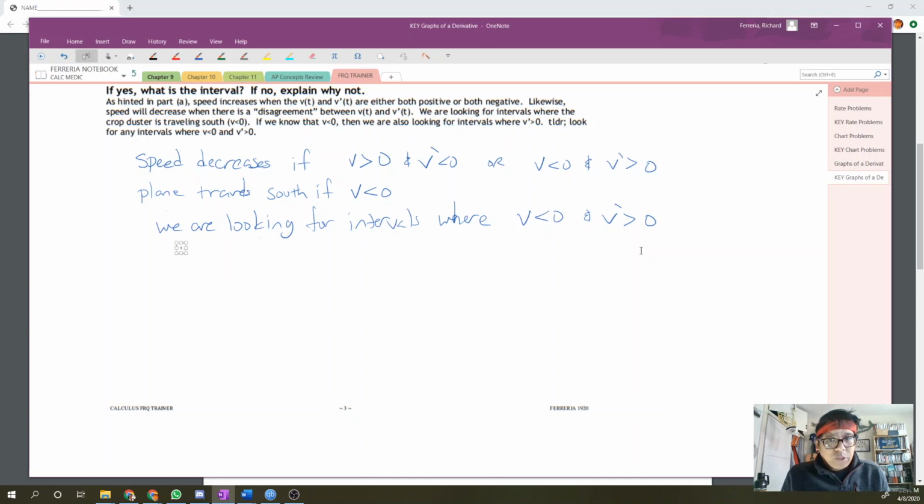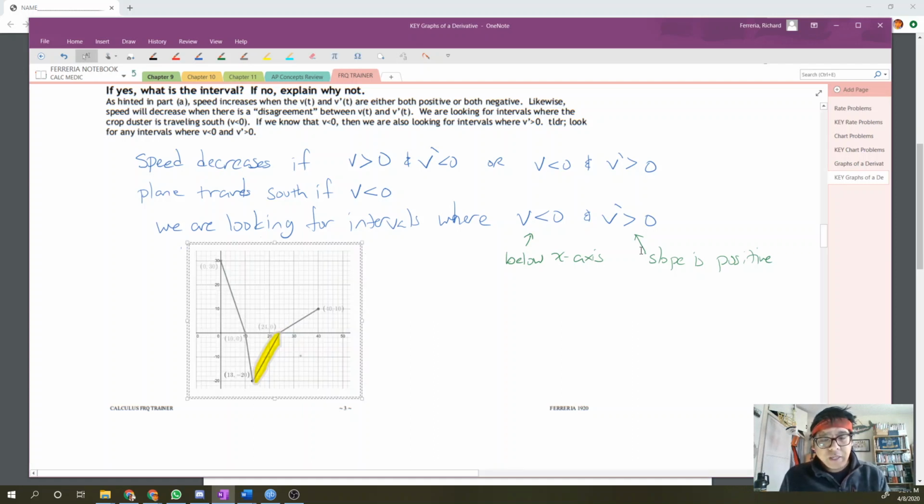Well, what do each of these mean for the graph? V being less than 0 means that we're looking for a bit of the graph that's below the x-axis, because below the x-axis, of course, velocity is negative. Velocity prime being positive means that the slope of whichever part of the graph we're looking at has to be positive. So is there any place below the axis where the slope is positive?